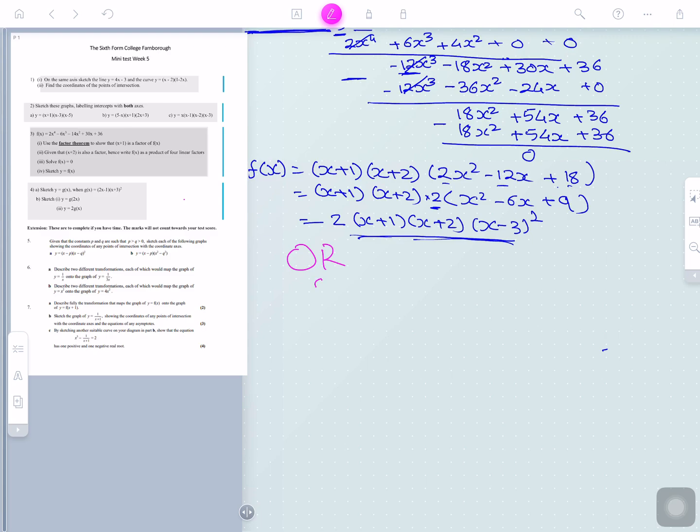So we know f of x is 2x to the 4 minus 6x cubed minus 14x squared plus 30x plus 36. Okay, so let's draw the box out.